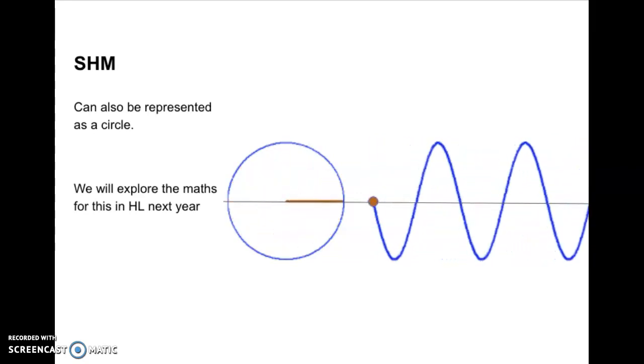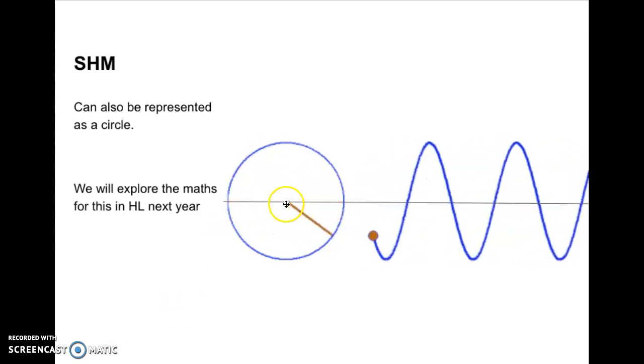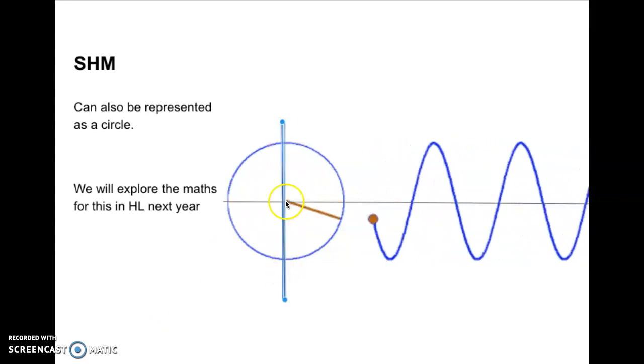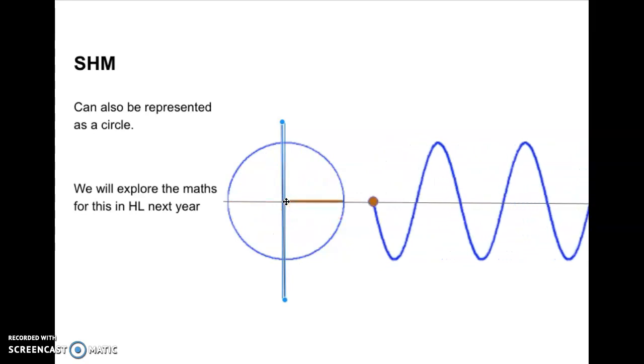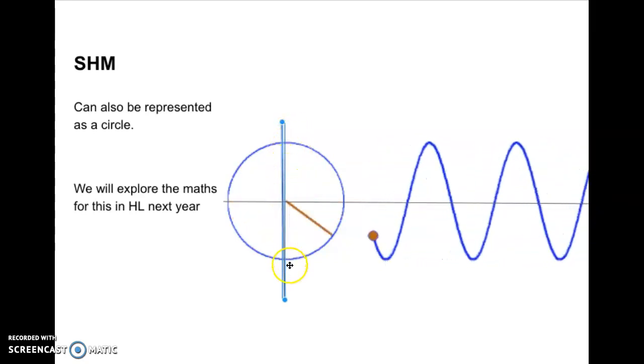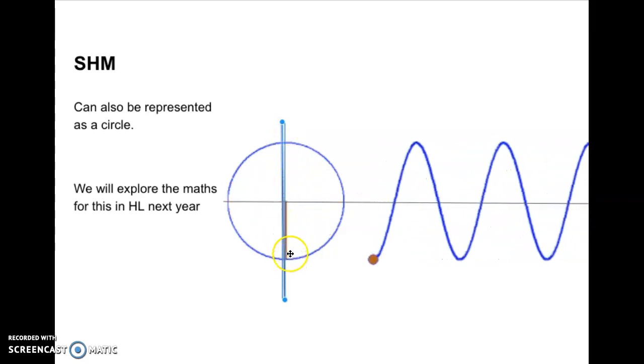But for now, I want you to consider the displacement of something that's moving in a circle, particularly just in the y direction. If I was to plot what was happening on the y-axis, the displacement purely on the y-axis, then basically you will see that that is giving us our oscillatory motion here.